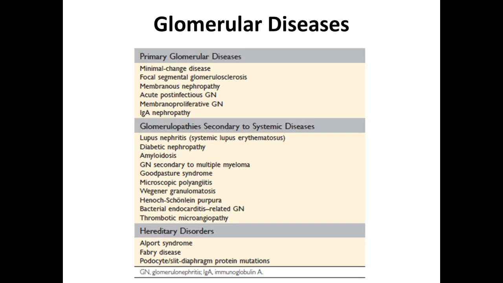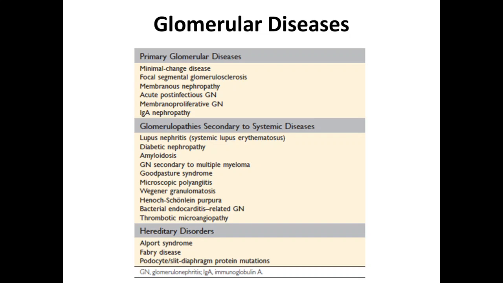Secondary glomerulopathies develop with systemic diseases like lupus nephritis or systemic lupus erythematosus, diabetic nephropathy, amyloidosis, Goodpasture syndrome, microscopic polyangiitis, Wegener granulomatosis, bacterial endocarditis, for example, or thrombotic microangiopathy.